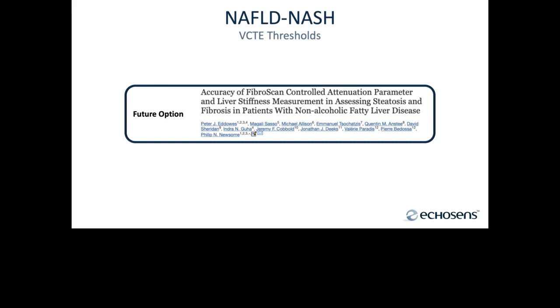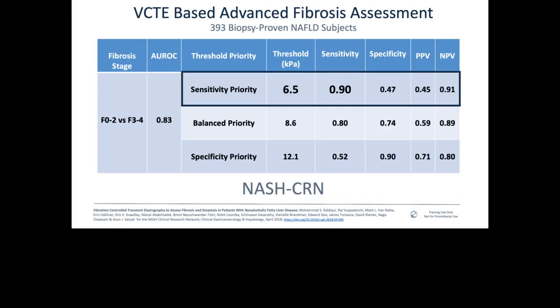I also want to point out that a future option will be Eddowes et al., the publication I'm displaying, will soon be added under NAFLD-NASH, and this publication also provides sensitivity priority, specificity priority, and Youden's index priority as you prefer. If we take a look at how that would work, if we were using the Siddiqui et al.